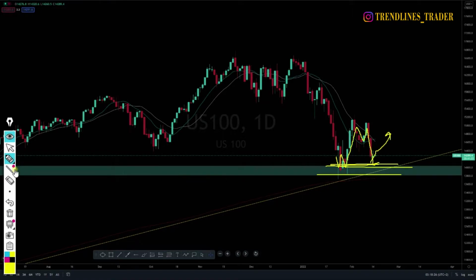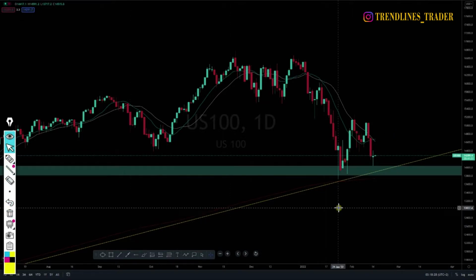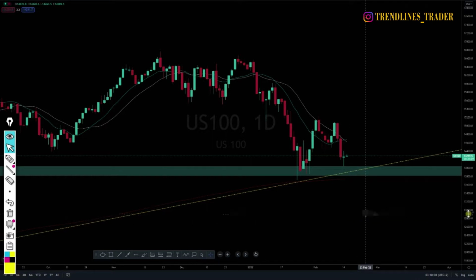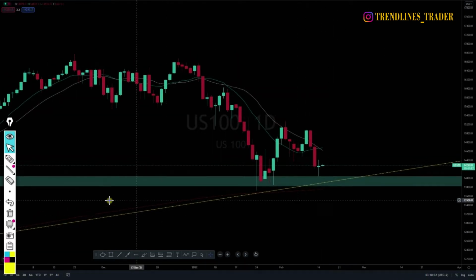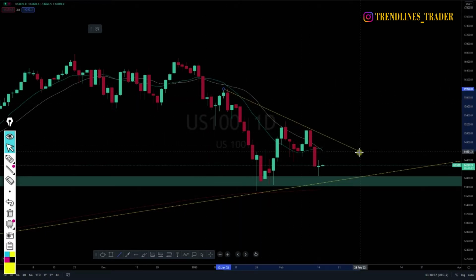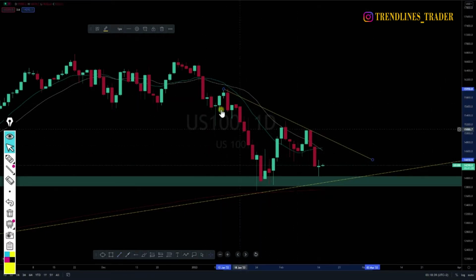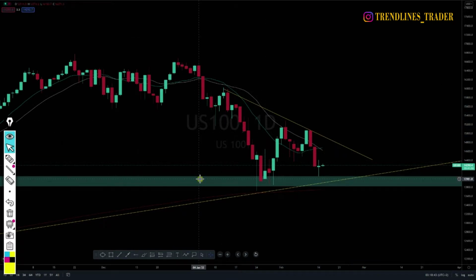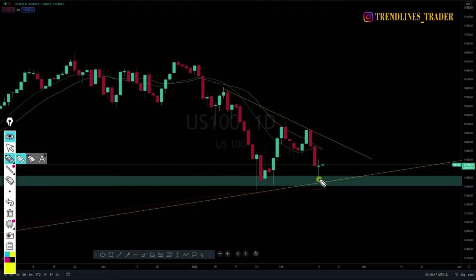I hope it clearly makes sense to you guys. And don't forget that we are having something like this as a resistance. So the price is giving us these bullish candlesticks.